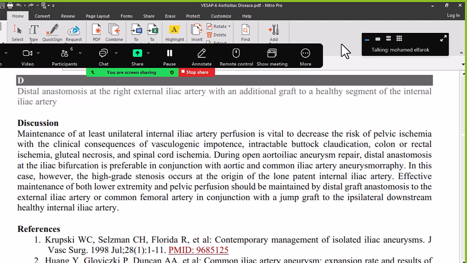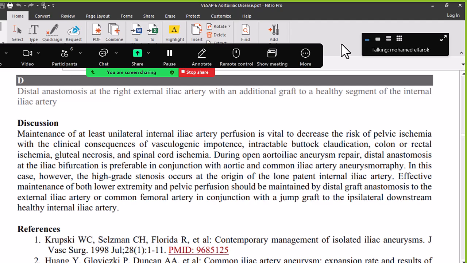But anyway, I think with lower open procedures, these things are less. Anyway, the clinical consequences are vasculogenic impotence, intractable buttock claudication, colon and rectal ischemia, gluteal necrosis. What I was saying to you is gluteal necrosis. Or the patient becomes paraplegic due to spinal cord ischemia.